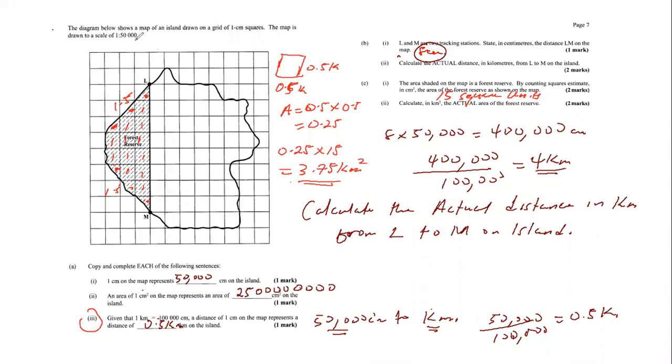So if this is 50,000 and you divide by 100,000, you get 0.5. And it's a square, so you multiply 0.5 times 0.5, and you get 3.75 kilometers square in total.